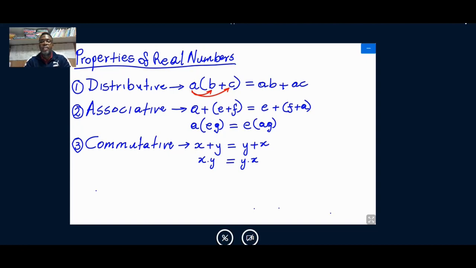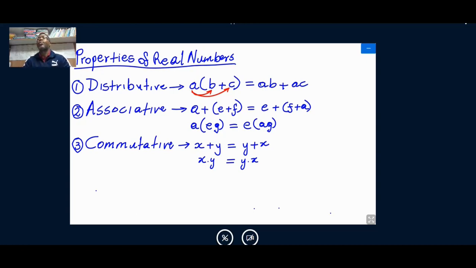The first, the distributive property, whereby you have a number that multiplies a sum of 2 numbers or a difference of 2 numbers that are encapsulated in a bracket. And we multiply. We take the number that is outside the bracket and multiply the number that is inside the bracket, one by one inside the bracket.